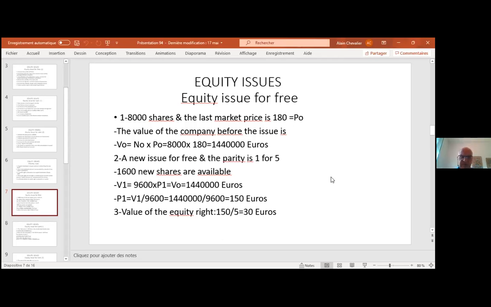This means the price of a share is 1,440,000 divided by 9,600. If you make this calculation, you find 150 euros. So the new price of a share is 150 euros.